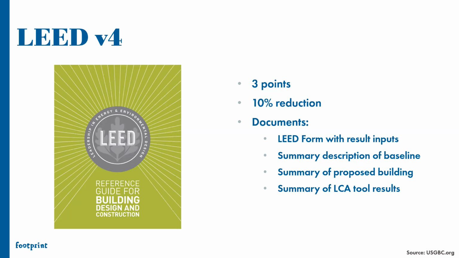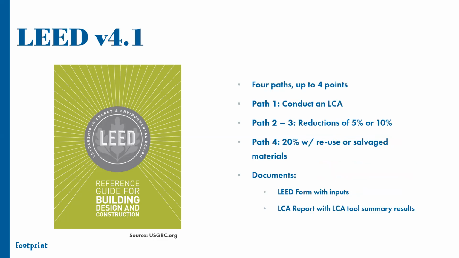So LEED version 4.1 came out, and there was an opportunity to have different paths and up to more points. The first path was just to conduct a life cycle assessment, just report it, find out what this information was, and get used to the practice of doing this.